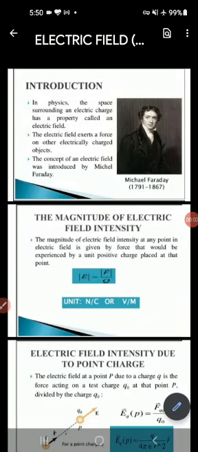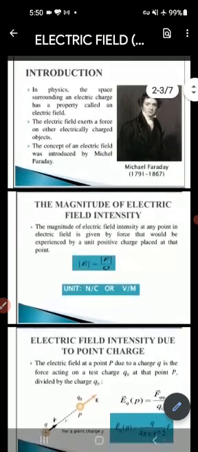Good morning, students. Today we continue the same chapter, that is electrostatics. Today we will learn about the electric field and electric field lines.